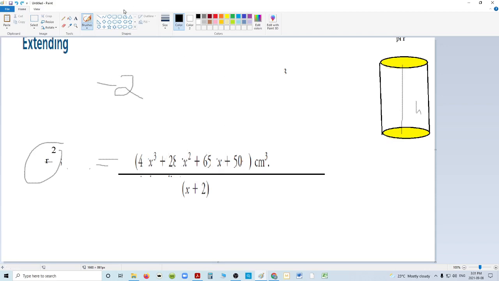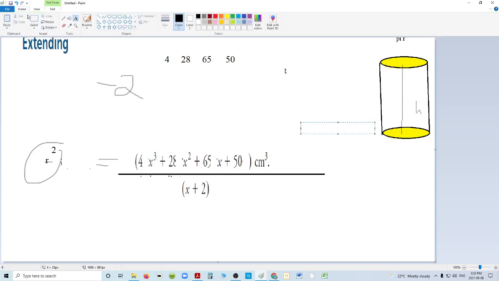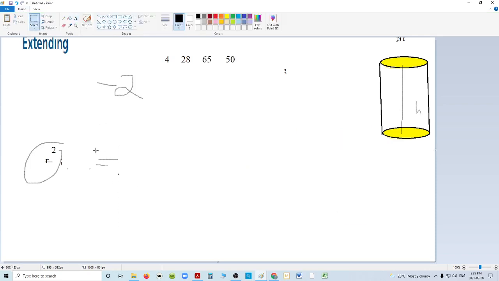I do indeed. What numbers am I working with? I'm working with a 4, a 28, a 65, and a 50, right? Great. Easier than we thought. So r squared, and that's the important part, radius squared, is going to be the result of this.